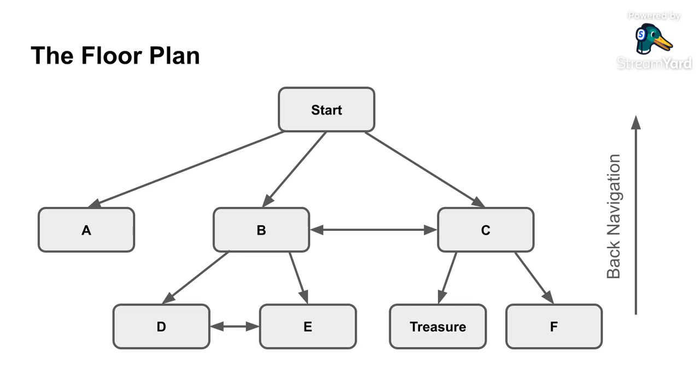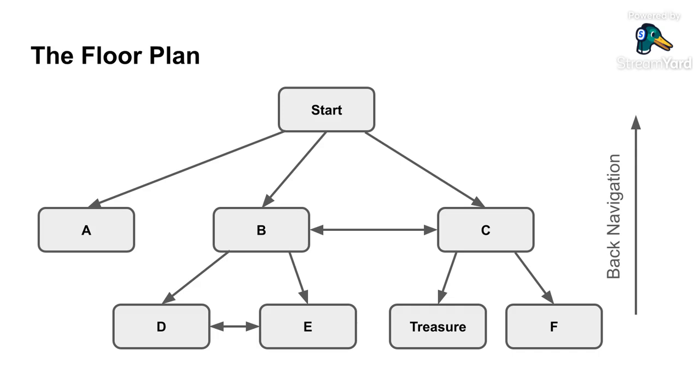Let's take a look at the next. So the other two rooms that we can go from the entry are B and C. And you notice that B and C can not only go down, but they also have a link between each other. So they're navigating between the same level.